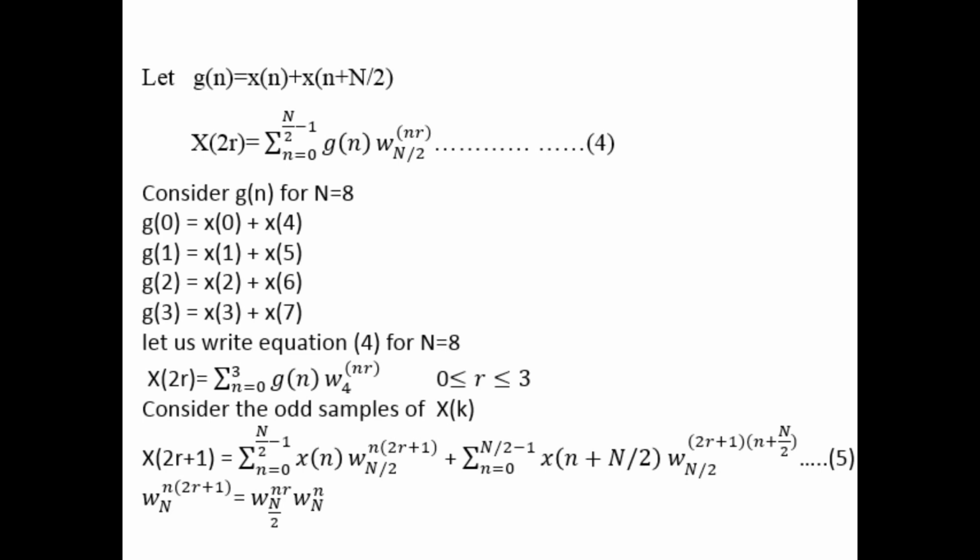We can write omega n of n into 2r plus 1 as omega n by 2 of nr into omega n of n.